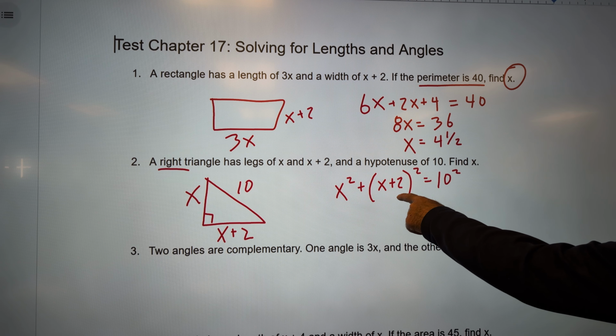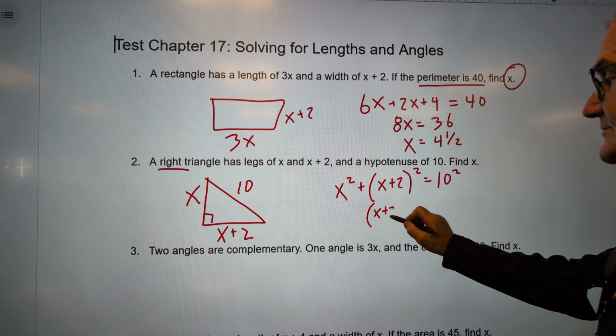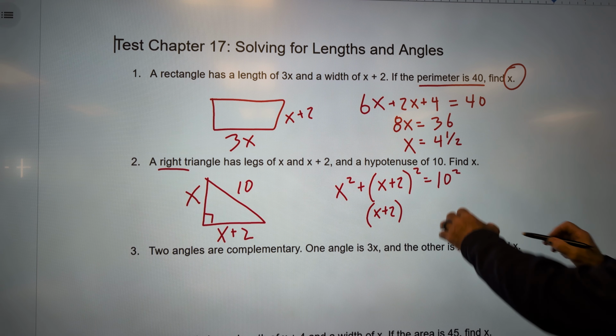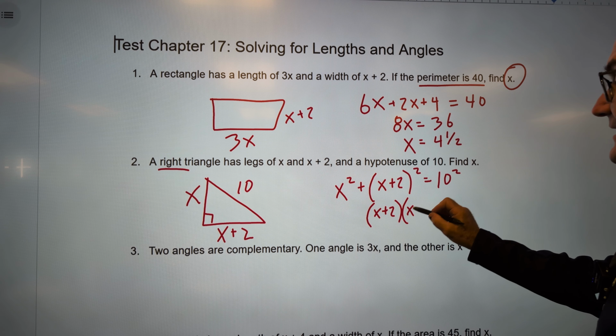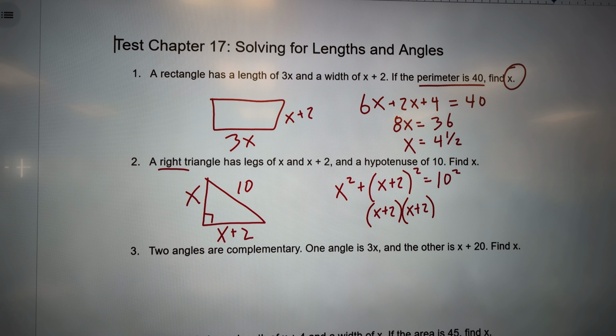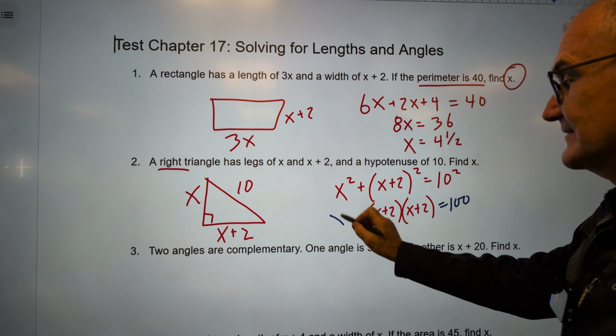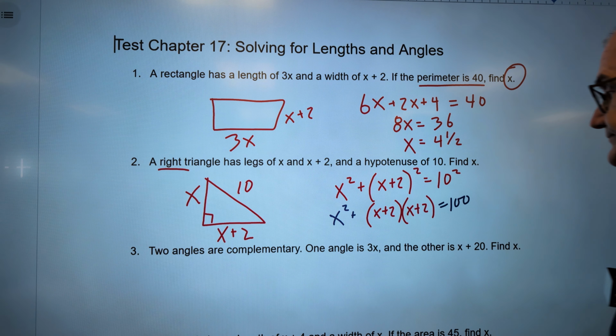This is a little tricky here because this right here is x plus 2 times itself. So x plus 2 times x plus 2. So that's that portion of it. And then the other portion, 10 squared is 100. And then I still have that x squared out front.